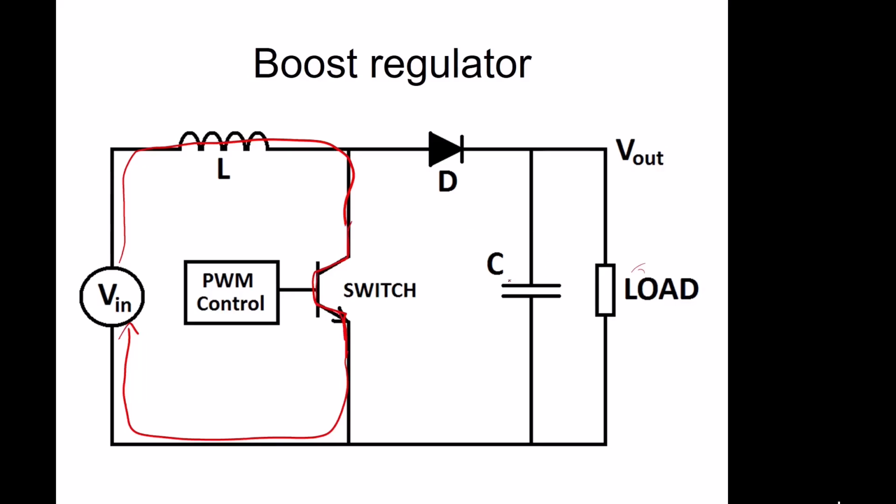This capacitor, we'll say it's charged, so this capacitor will discharge. It cannot go this way through the diode, so it has to go this way. So the capacitor is discharging through the load. So when the switch is closed, the current driving the load is the charge stored on the capacitor.